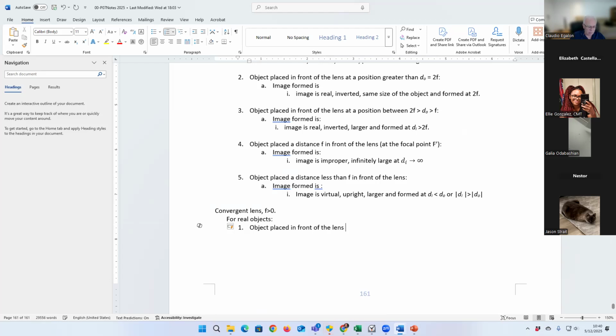Object placed in front of the lens: image formed will always be virtual, upright, smaller, and formed between 0 and D naught.